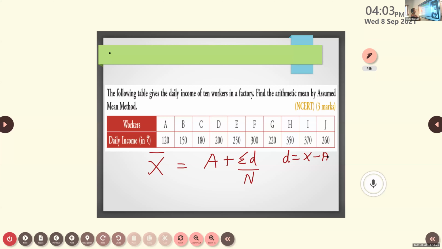So arithmetic mean is equal to A plus sigma D by N. To get D, take assumed mean from each observation. Find the difference between observation and the assumed mean.